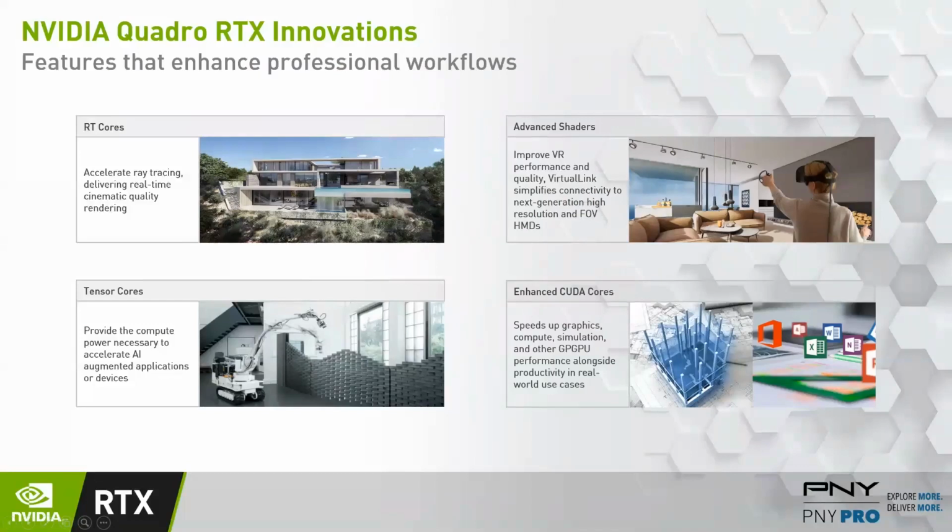Finally, in small and medium-sized firms, you're often juggling. You're doing what you went into business to do, which is architecture and doing excellent architecture, but you've got to do the things that need to be done to stay in business. So it's not unusual in small and medium-sized firms to see design work being done alongside traditional productivity programs. The enhanced CUDA cores, the advanced shaders, allow the GPU and the CPU to work with greater degrees of asynchronous interaction.